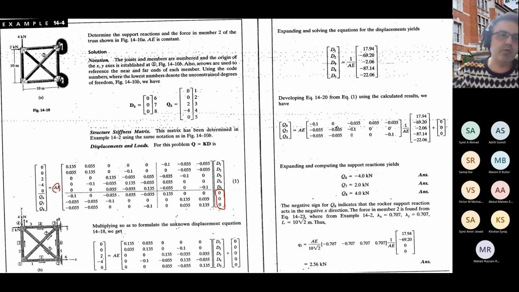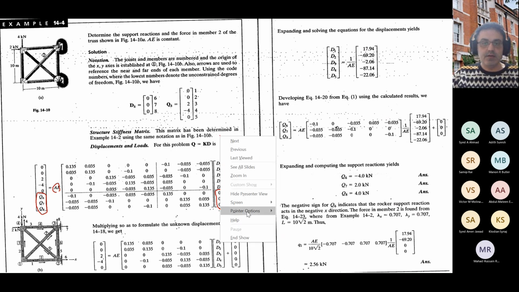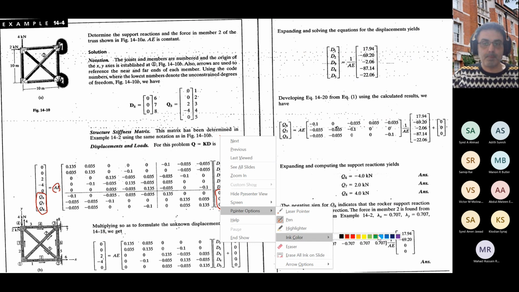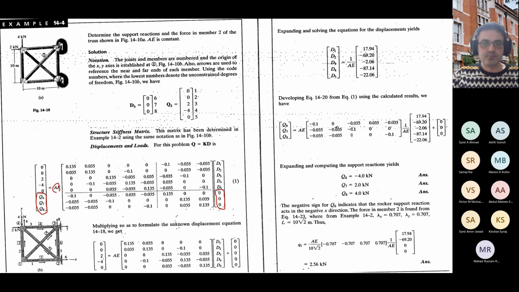And as I said before, wherever you have a support, which means the deformation is 0, on the other side of your equations you have support reactions. Q6, 7, 8 are support reactions. And D1 to D5 are deformations in degrees of freedom 1 to 5, which are unknowns.